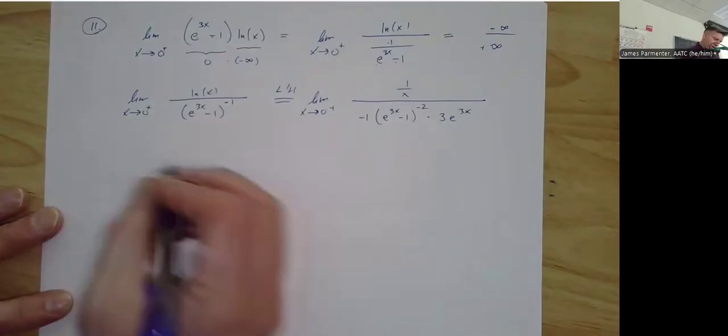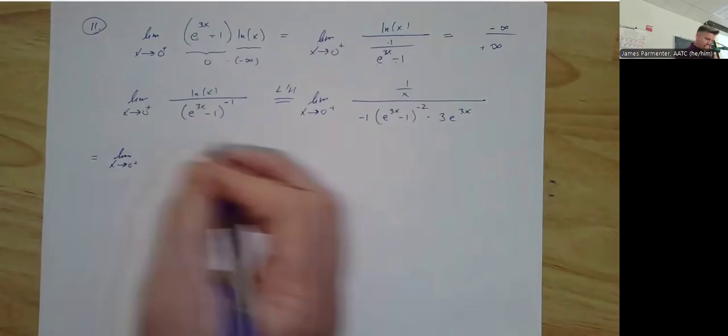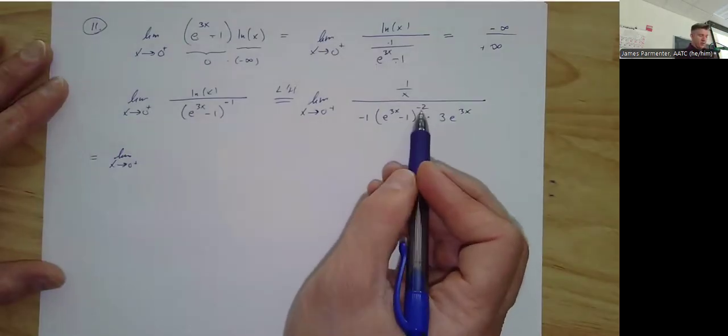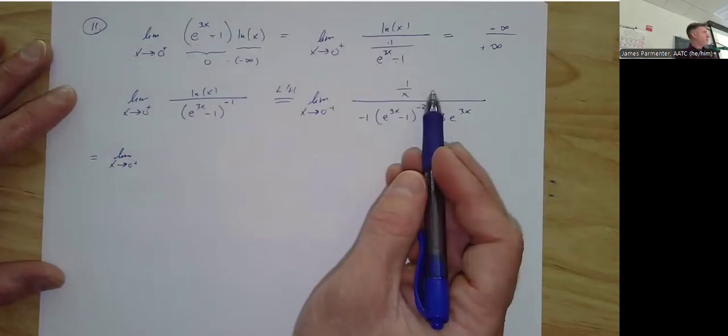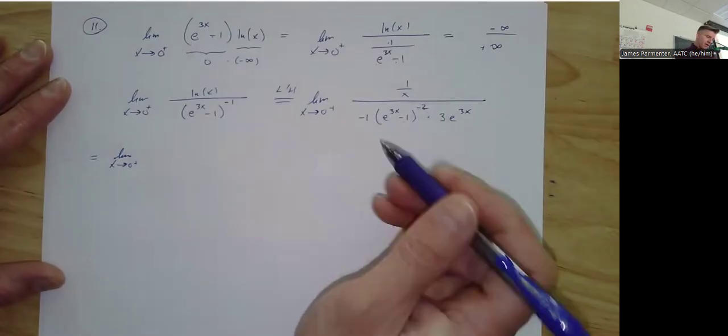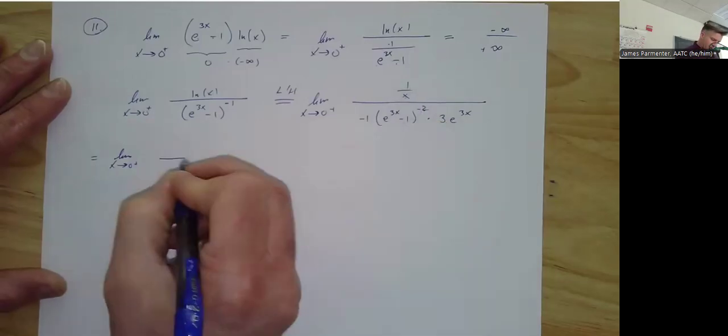So let's go ahead and rewrite this as the limit as x goes to 0 from the right. Let's just bring this (e to the 3x minus 1) to the negative 2 up to the top as (e to the 3x minus 1) to the positive 2. And also let's bring the 1 over the x down to the bottom here. So let's be super careful here.